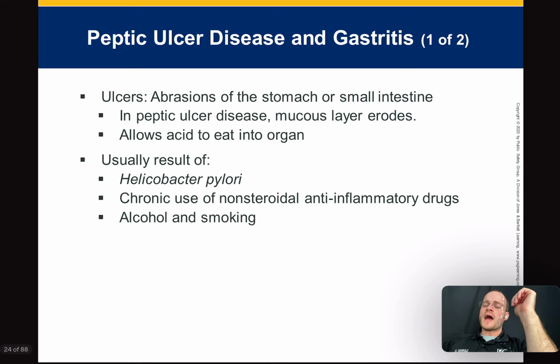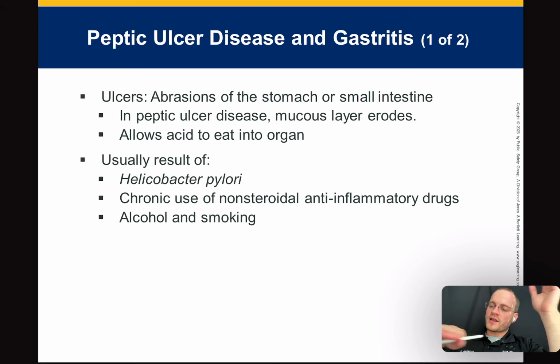Okay, now we know what an ulcer is, right? We've seen ulcers on skin or whatever like that. But ulcers can happen in the stomach and in the bowels. And so we have this thing called peptic ulcer disease, where you'll end up with an erosion of the mucosa, right, the inside of the stomach or the bowels. And so when that happens, it bleeds, right?